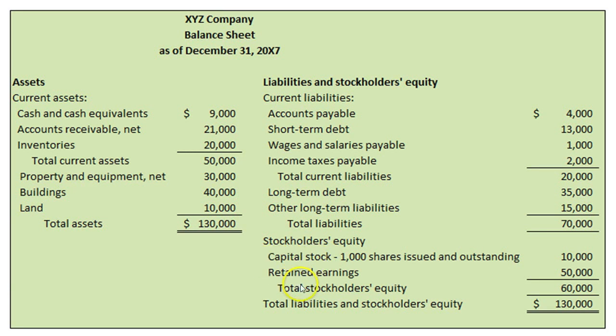Internally generated equity: when owners choose to retain the company's net income within the company, rather than having it paid out to themselves in the form of distributions or dividends, their ownership claims in the form of retained earnings increase. Based on a review of XYZ's balance sheet, we can see that its stockholders' equity section has been classified by funding source, with both contributed equity, capital stock of $10,000, as well as internally generated equity, retained earnings of $50,000.